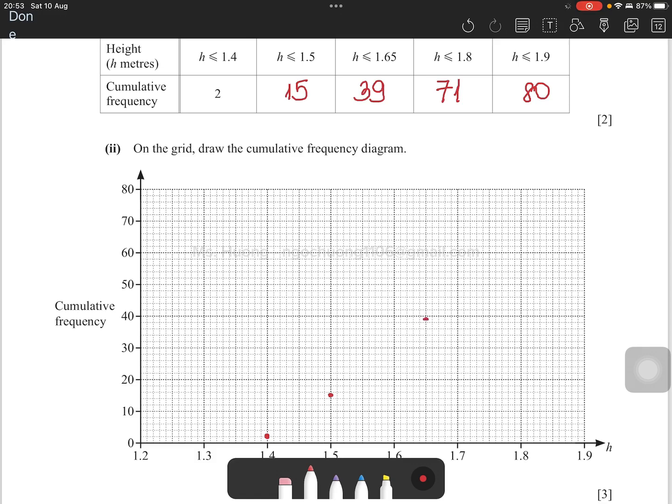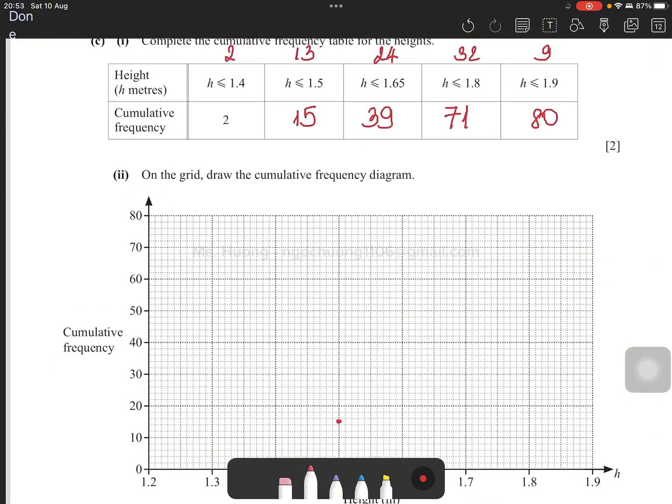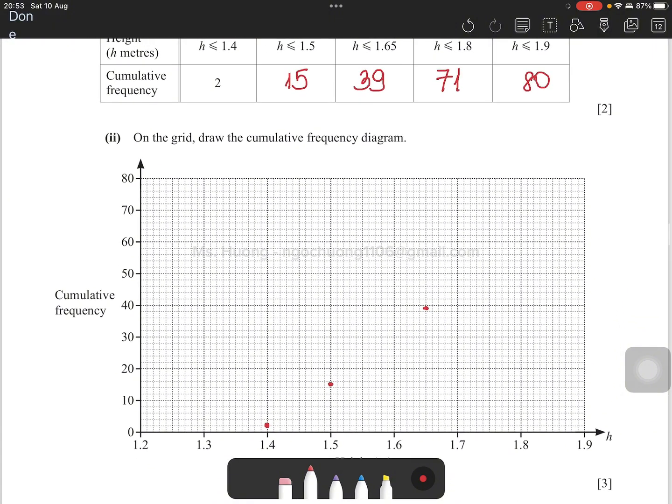At 1.8, there are 71 students. And at 1.9, there are 80 children. So we join these points together using a curved line. And that's how we draw the cumulative frequency diagram.